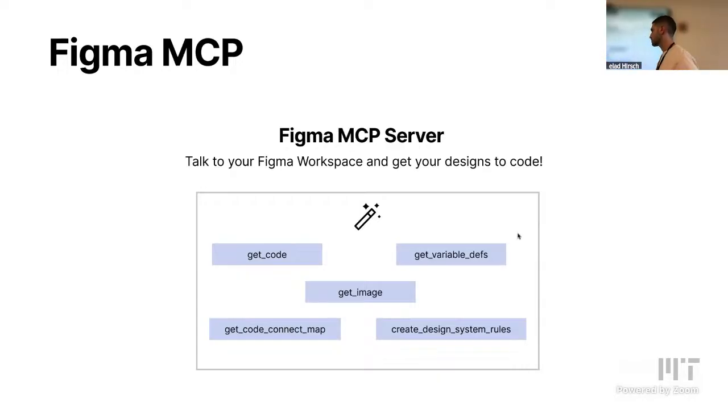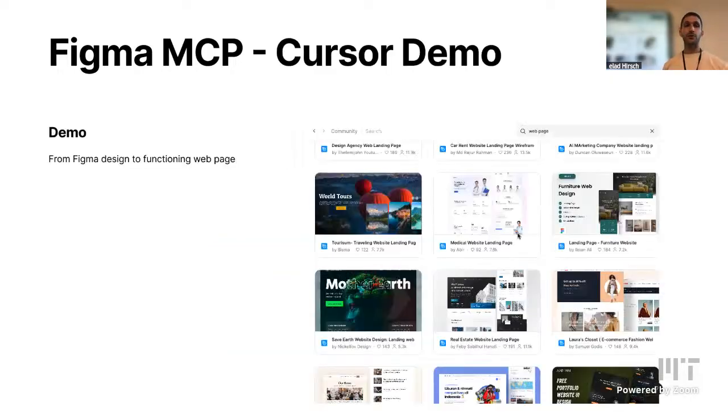You can get images. You can create system rules, which would help the models convert one design to another platform. For example, if you want to make a website out of a design, and it's not a one-to-one mapping, what are the design rules that you should follow? So everything is here.